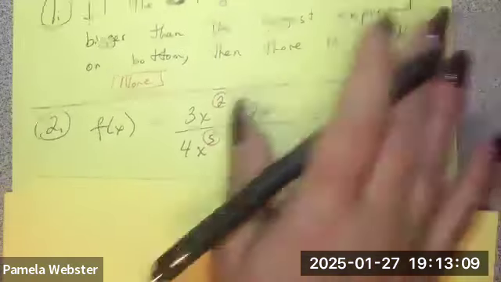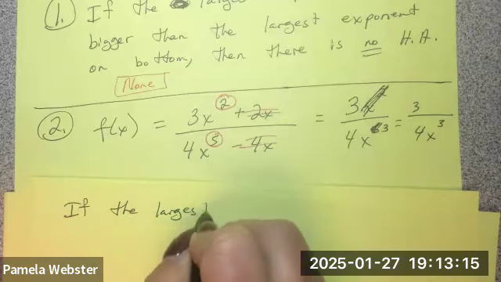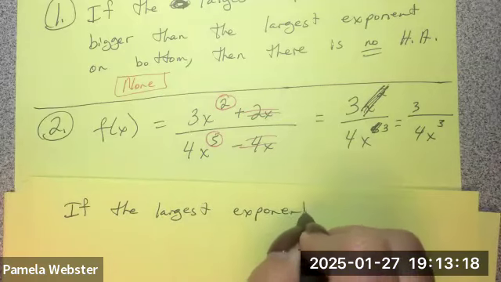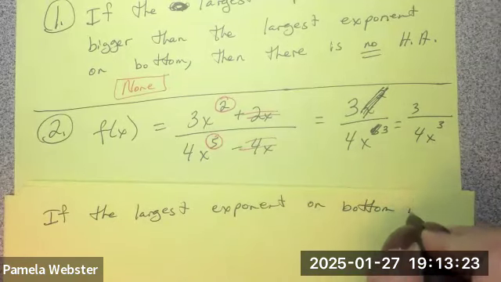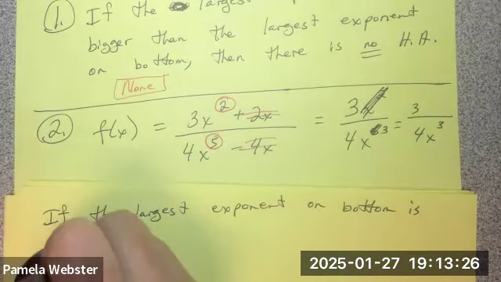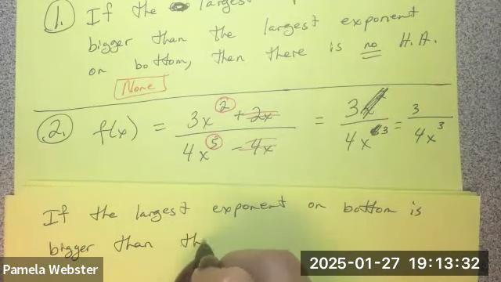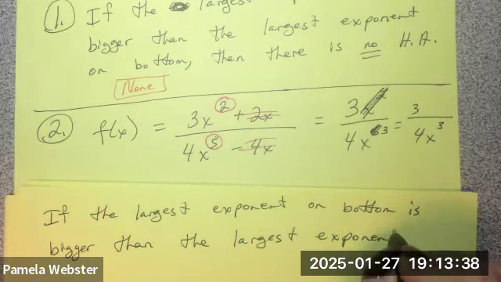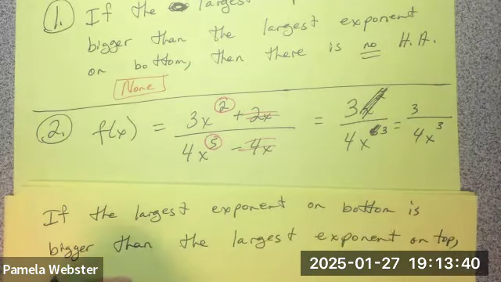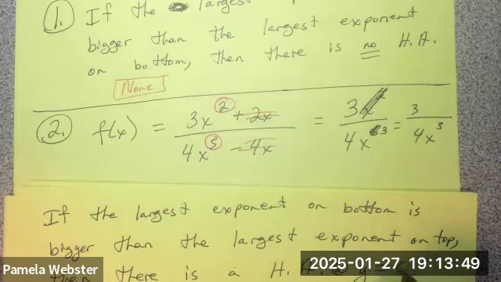If the largest exponent on the bottom is bigger than the largest exponent on the top, then there is a horizontal asymptote at y equals 0.